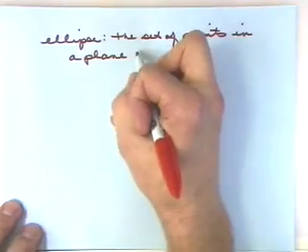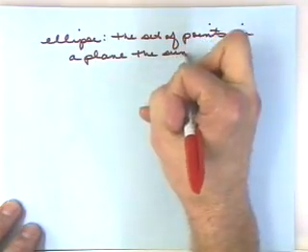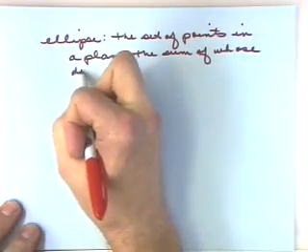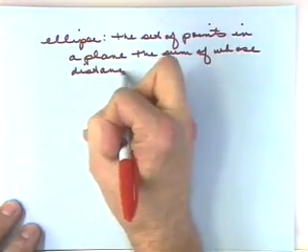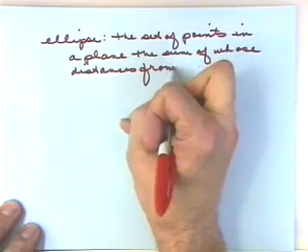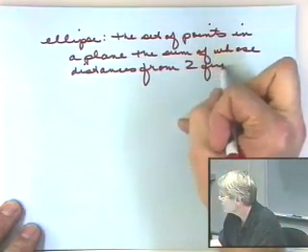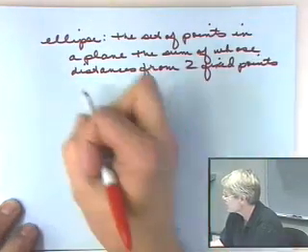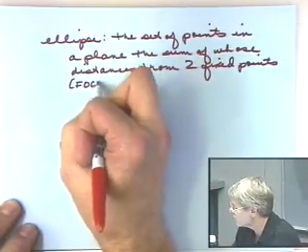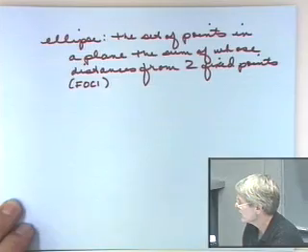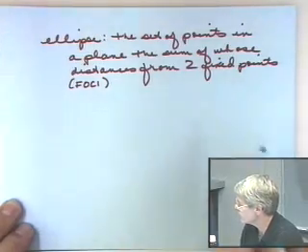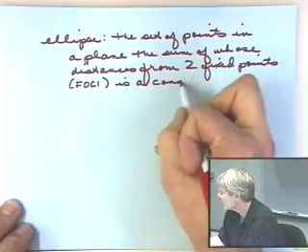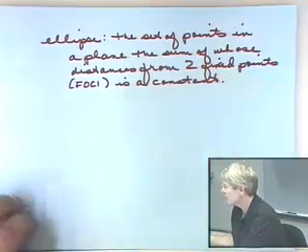Set of points in the plane, the sum of whose distances from two fixed points, which are called the foci, plural of the word focus. Set of points in a plane, the sum of whose distances from two fixed points is a constant.